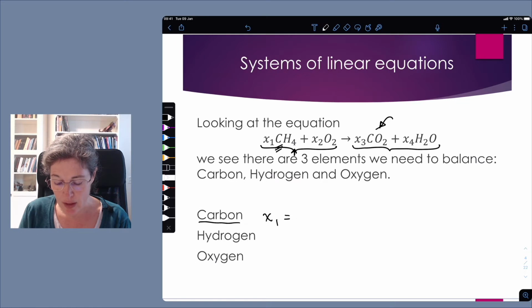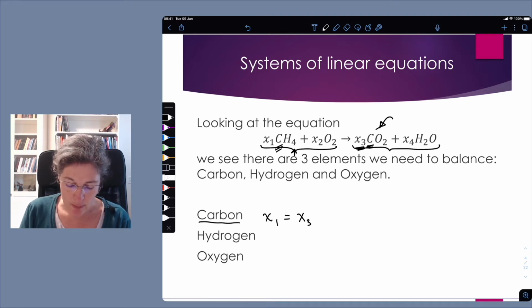Now if we have a look on the right, for every molecule of carbon dioxide we have an atom of carbon, and we have x3 carbon dioxide molecules. So the number of carbon atoms on the left, which is x1, is equal to the number on the right, x3. So it was pretty straightforward.